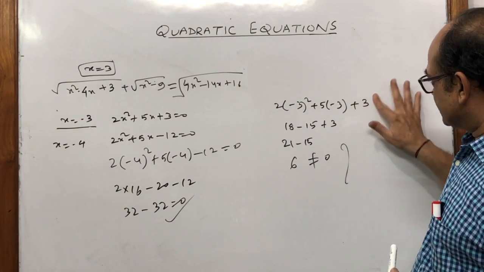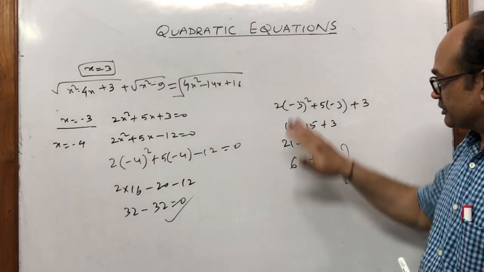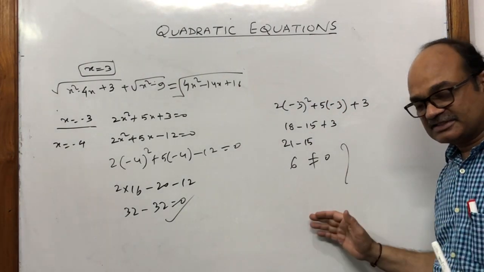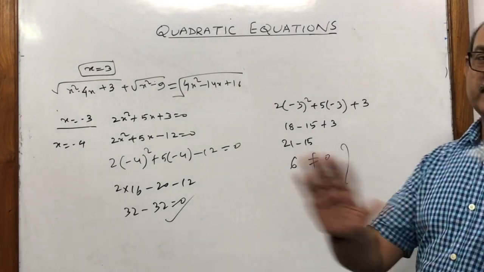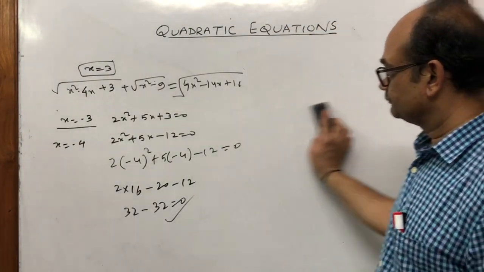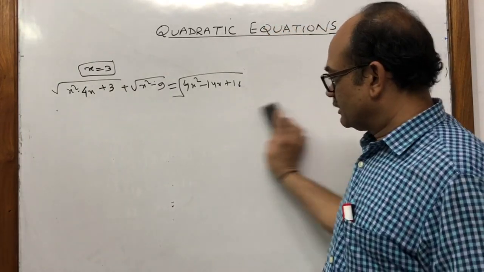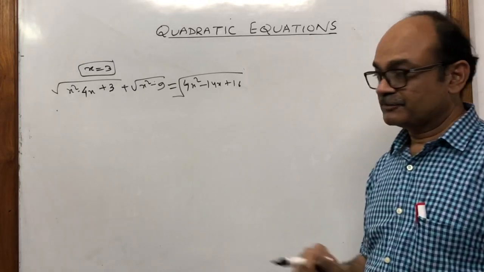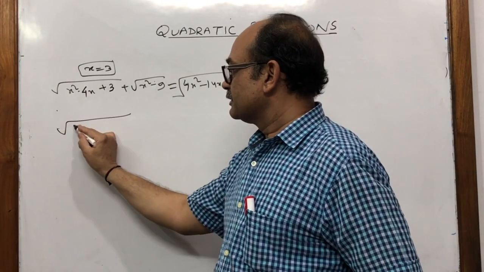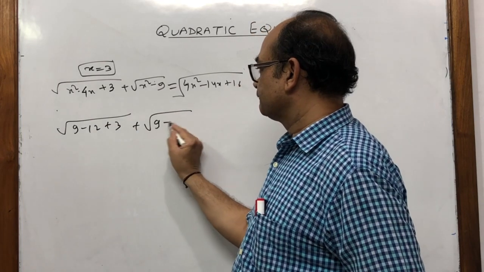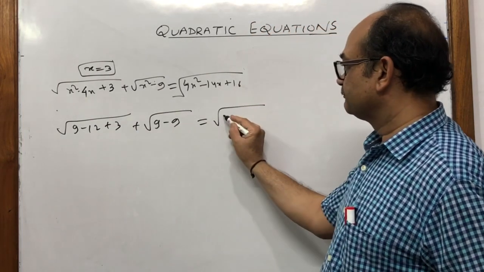We want to check, that's why we are not substituting 0 first. First you have to solve. If it comes 0, then it is a correct answer, and if it is not equal to 0, it is not a correct answer or root. The last one. We have to check whether 3 is the answer or not. So substitute 3: 9, 12, 3.